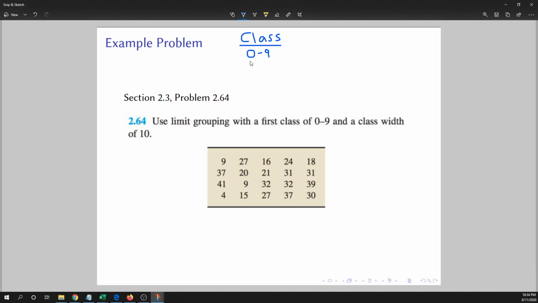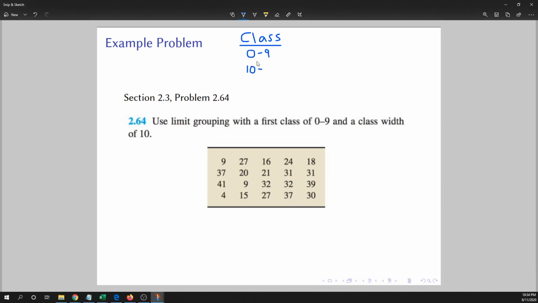Okay, and so then the next number here would be 10, right? That would go here. All right, and then the class width should be 10, because it's the lower limit of this class minus the lower limit of this class.